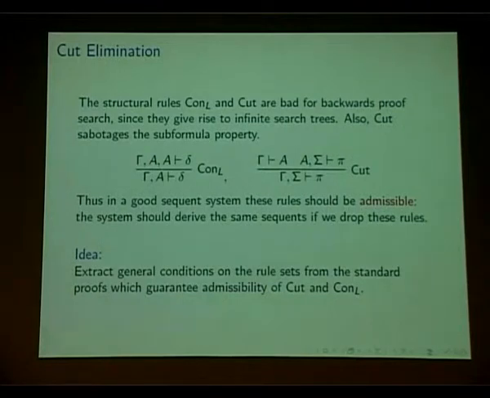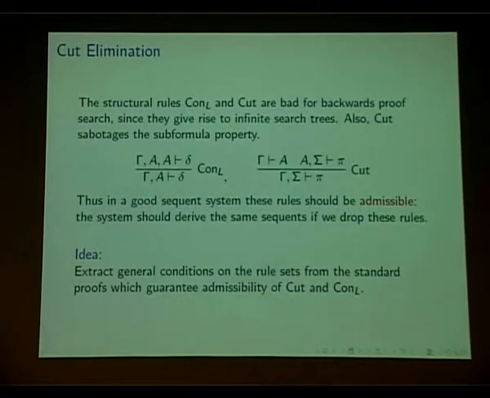But if the last applied rule was a contraction rule, then in effect we are making the sequent bigger because we're just doubling up one of the formulae. And you can do this as often as you like, and you end up with basically an infinite branch in the search tree for the proof. And this is bad because then you don't get termination of proof search.